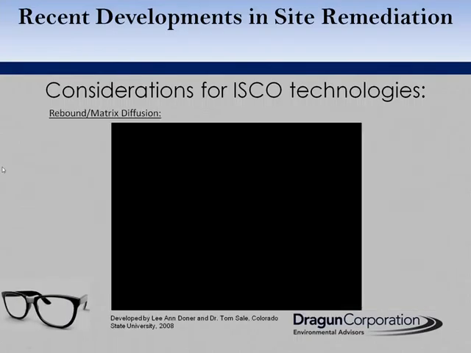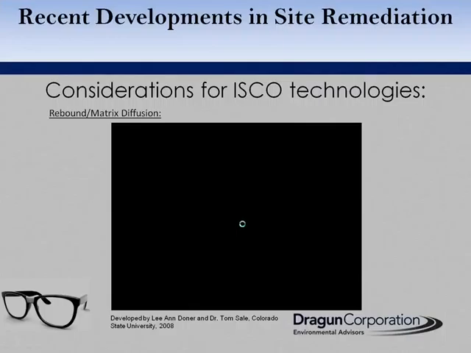The video I'm going to show here was developed by Colorado State University. They developed a flow cell where there's aquifer and aquitard material interbedded, and they used a green dye to simulate a contaminant within the aquifer and showed how it acted within the aquitard layers.